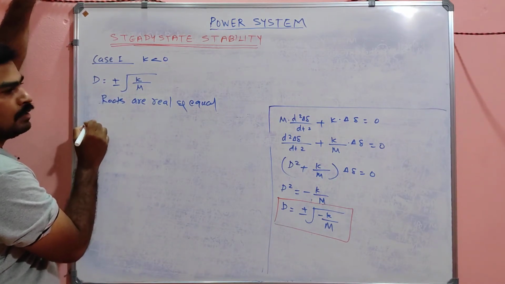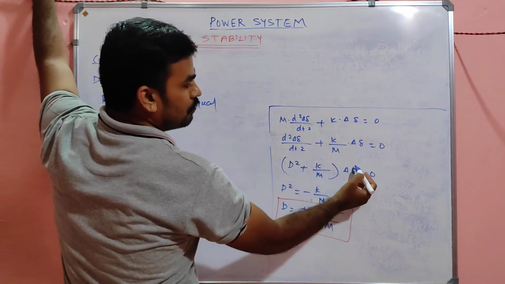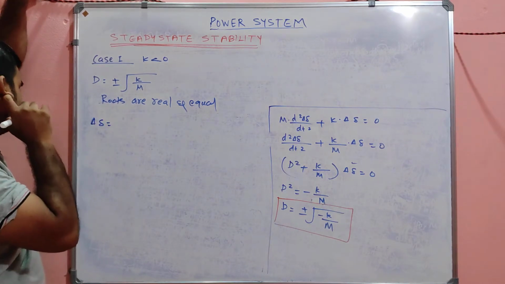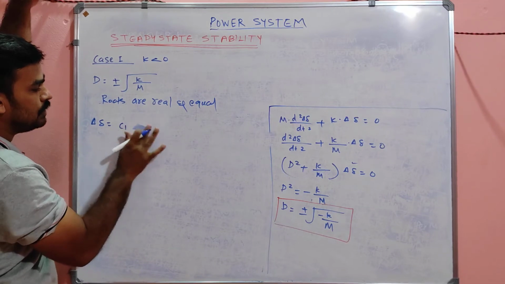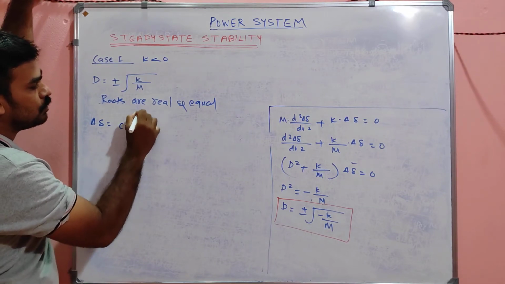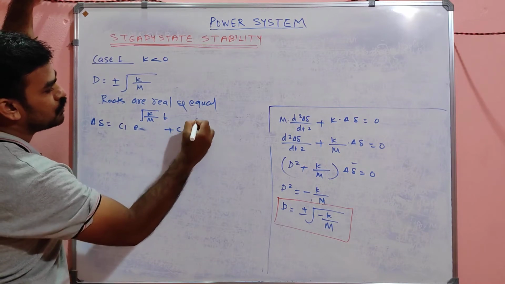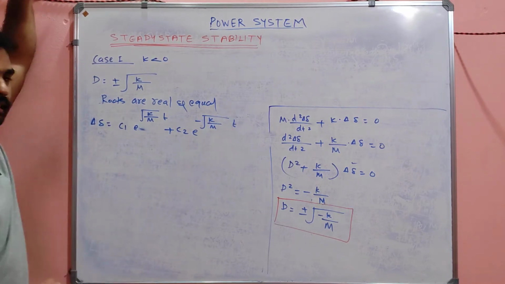So what will be the resultant value? We have to solve for del. So del will be equal to what, my dear? Del will be equal to C1 into e raised to root of k by m into t plus C2 into e raised to root of minus k by m into t. Is it clear?